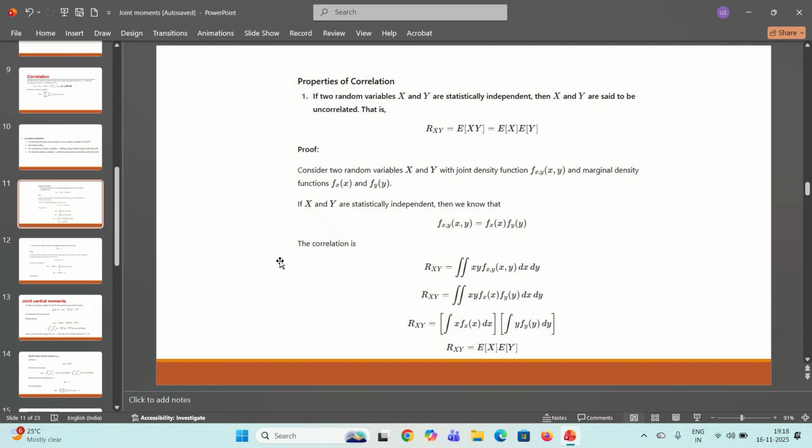The correlation is Rxy equals the double integral from minus infinity to infinity of xy f of x comma y of x comma y dx dy.